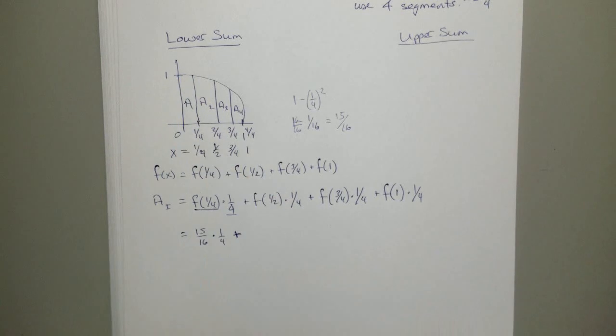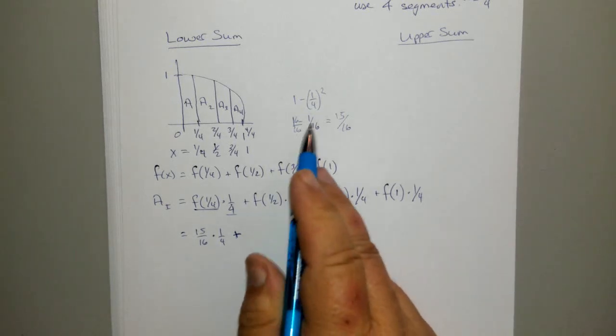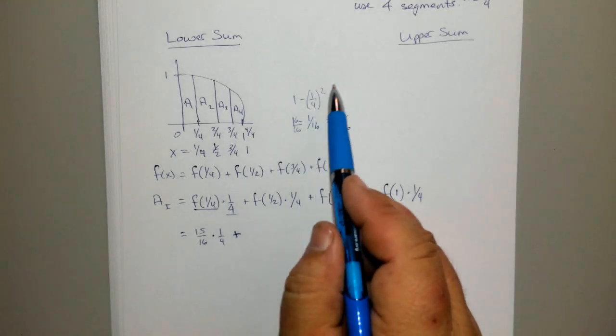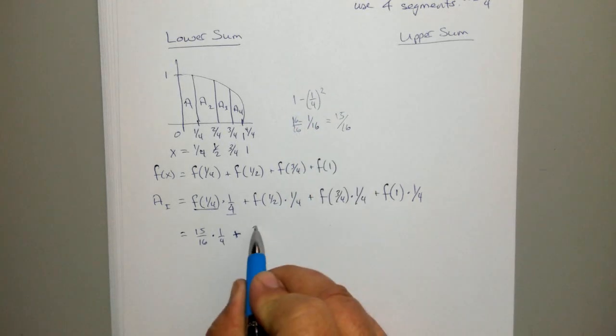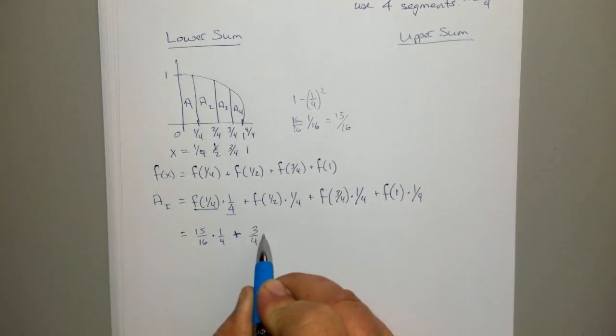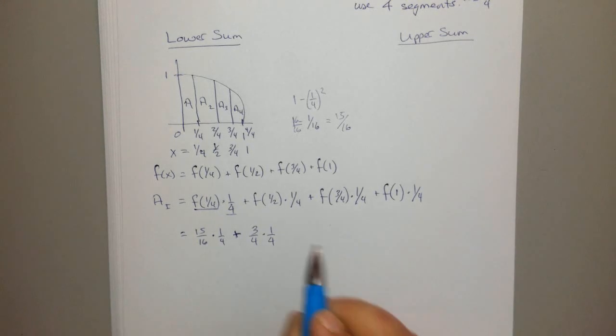That's for this first one. Then you put 1/2. 1/2 squared is 1/4. 4 over 4 minus 1 over 4 is 3 over 4 times 1/4.